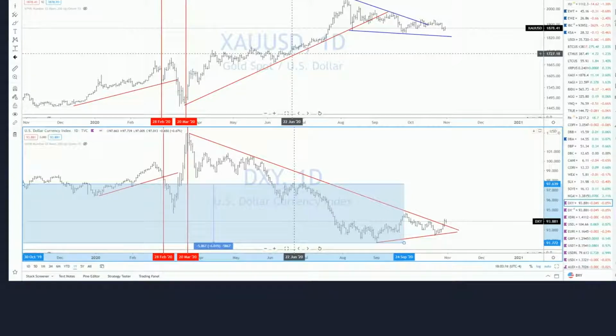So often you'll hear, well, the dollar's falling, gold's going up. Yeah, but why is gold going up? Is it going up because of fear? Is it going up because of money printing? Is it going up or down because of the dollar? So why is the dollar going up and down? See, it's not as simple as people make it out to be.